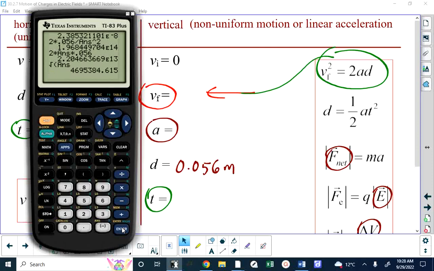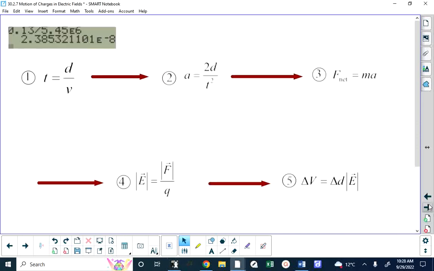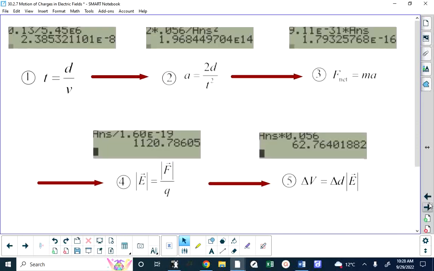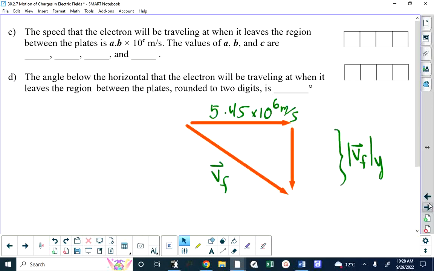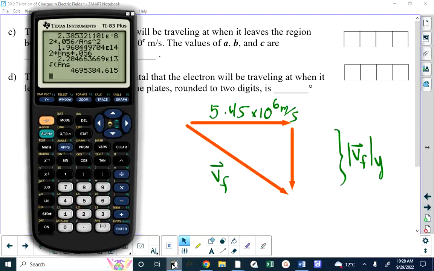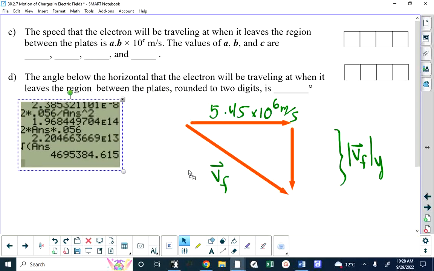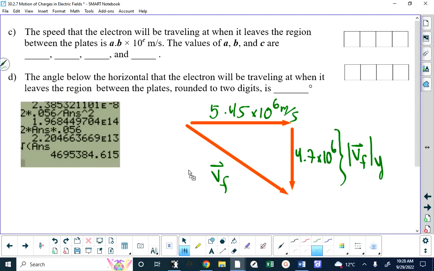That's the final vertical velocity of the electron. So that number of 4.7 times 10 to the 6 is the vertical component.